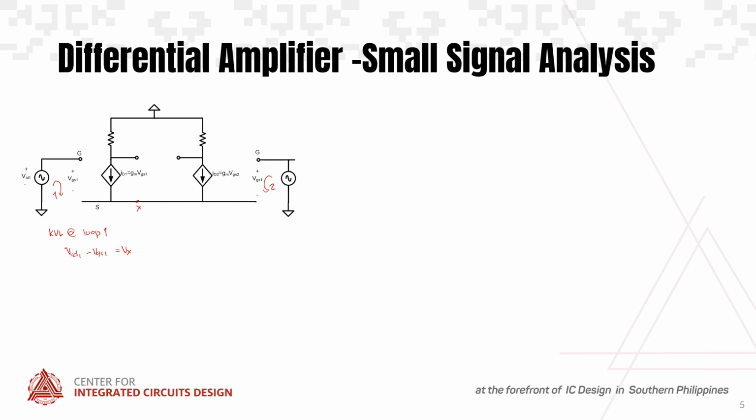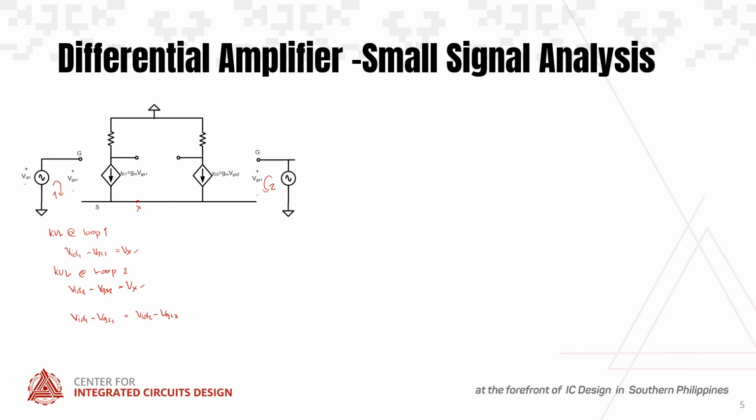And for KVL at loop 2, we have VID2 minus VGS2 is equal to Vx. So we can say that VID1 minus VGS1 is equal to VID2 minus VGS2, since these two equations are equivalent to Vx.